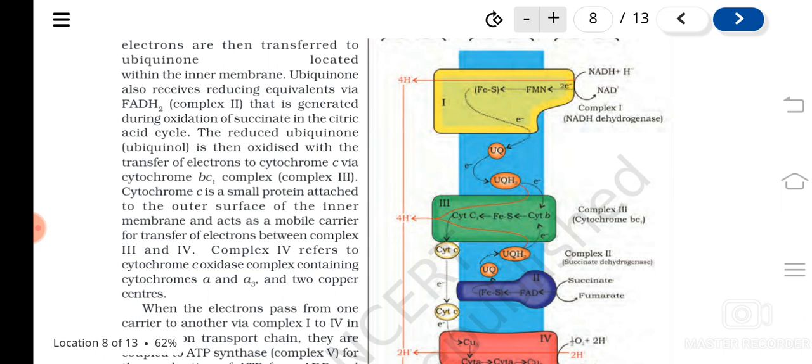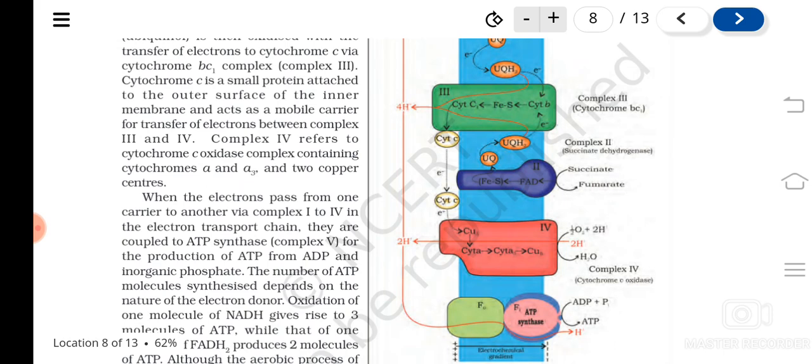Understood? Now cytochrome C is a small protein attached to the outer surface of the inner membrane, and this is the only mobile carrier. Mobile means it can move between complex 3 and 4. Understood? And complex 4 refers to cytochrome C oxidase complex containing cytochromes a and a3, and 2 copper centers. So that is complex 4.